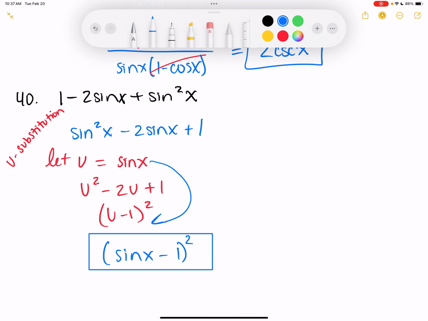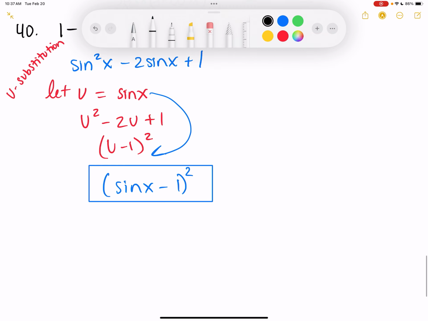Write each expression as an algebraic expression of a single trig function. So for example, number 48: tangent squared of theta minus 1 over 1 plus tangent of theta. They use alpha, but I'm going to use theta because I don't feel like drawing a fish.